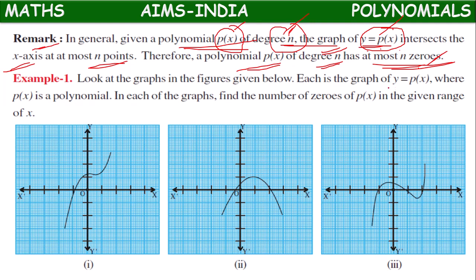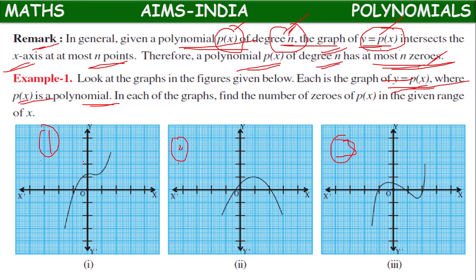Here y equal to p of x, where p of x is a polynomial. If we draw the graph of y equal to p of x, it may be like this as in the first case, like this as in the second case, and like this as in the third case. What is the number of zeros?